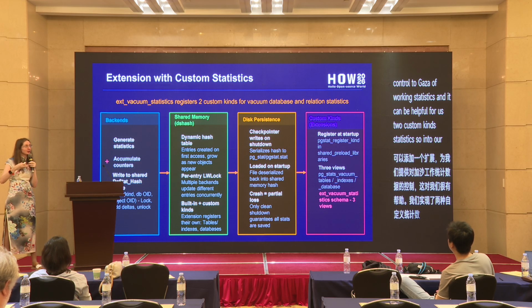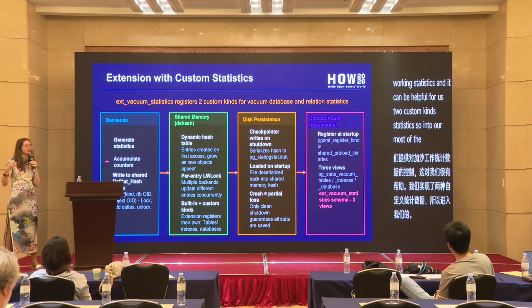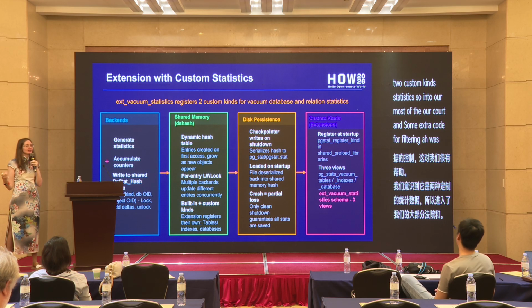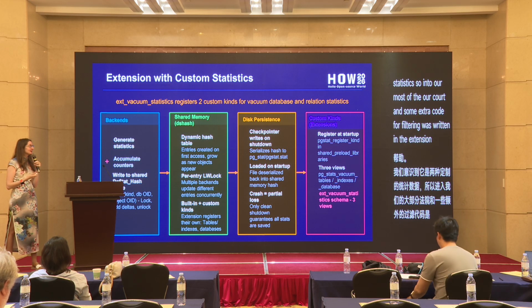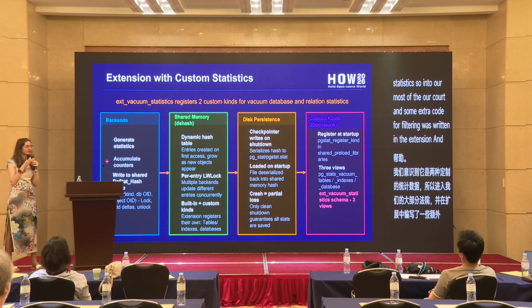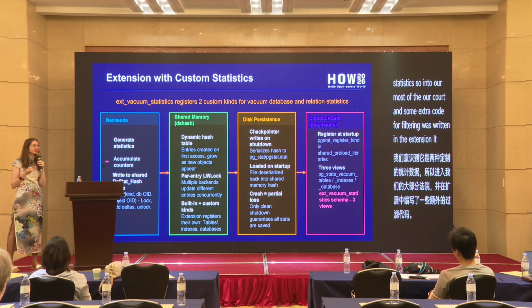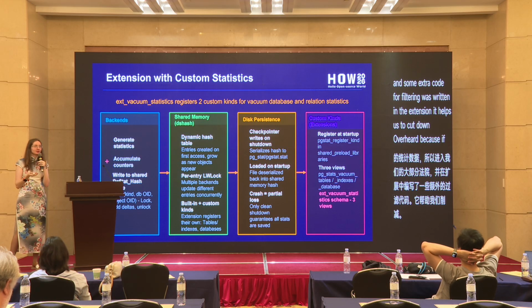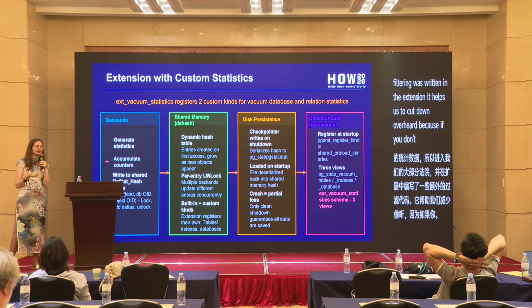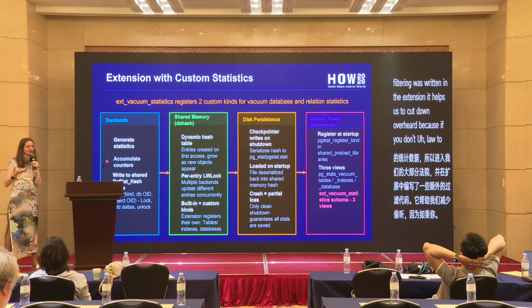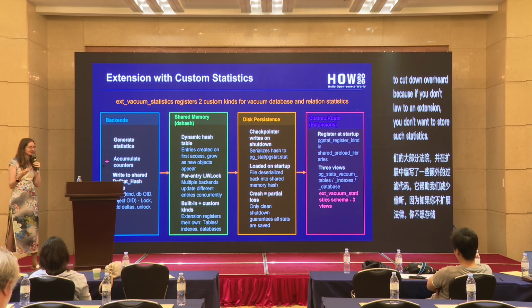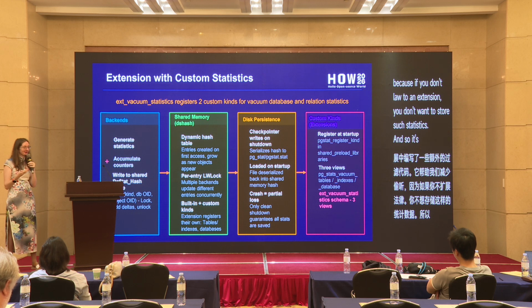Most of our code, and some extra code for filtering, was written in the extension. It helps us cut down overhead, because if you don't load the extension, you don't store such statistics. So it was brilliant for us.